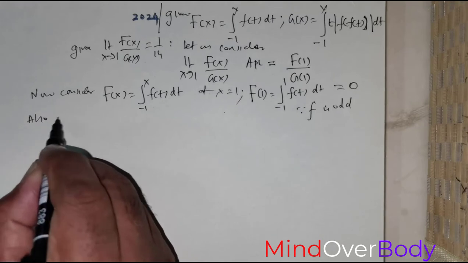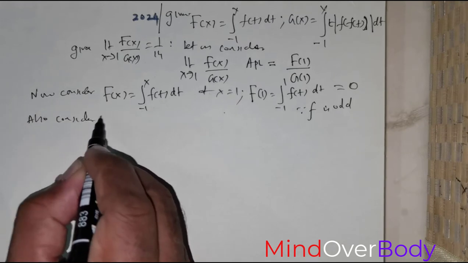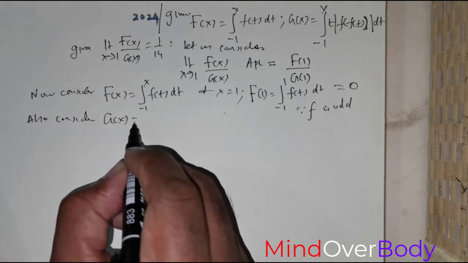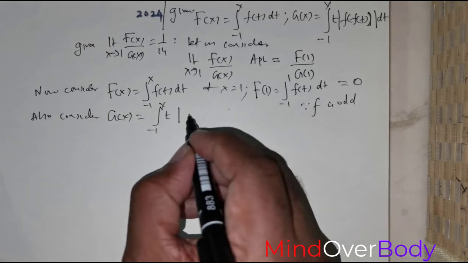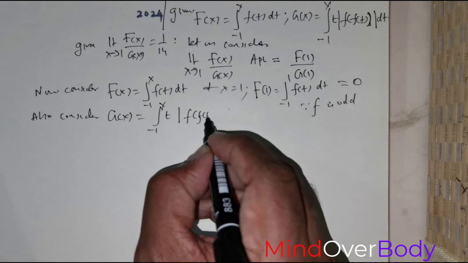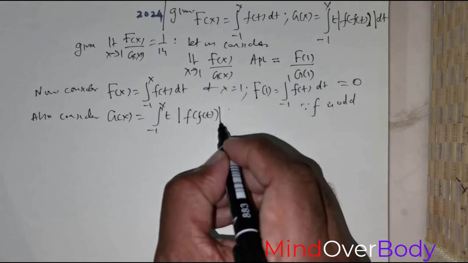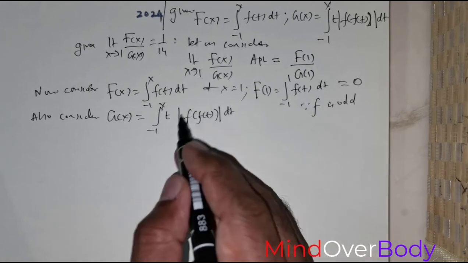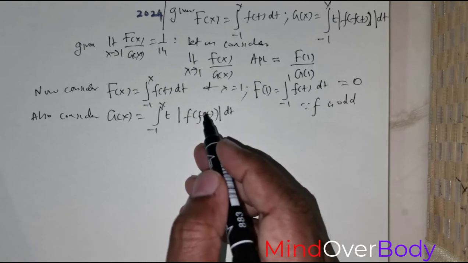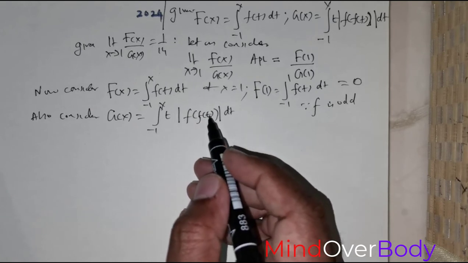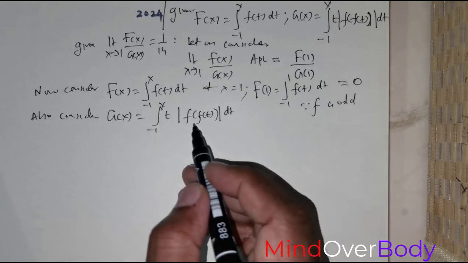Also consider g of x be equal to integral negative 1 to x t times modulus f of t dt. Now this is modulus, so this is always going to be positive. So this is not going to be having any impact as far as the limits are concerned.